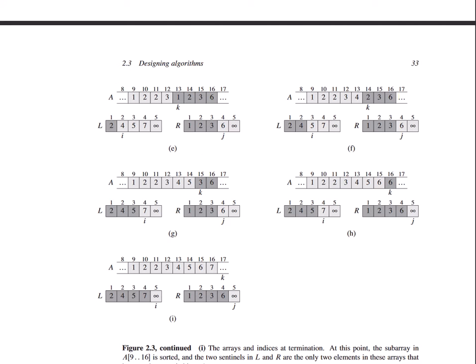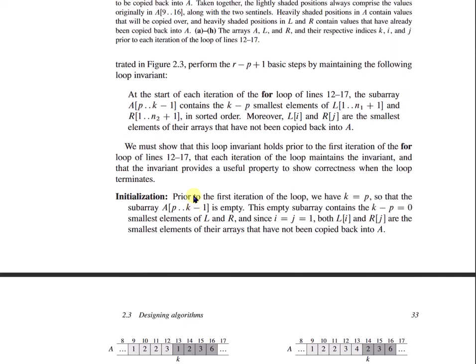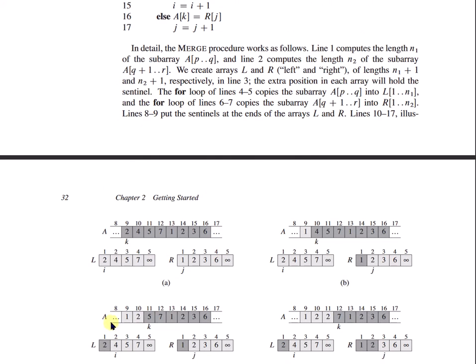My doubt is that this works when the subarrays are already in sorted order. So we have 2457, which is already sorted, and 1236, which is already sorted. So when you are comparing, you can directly compare each value and put it. But for example, what if the 6 was in the first position?